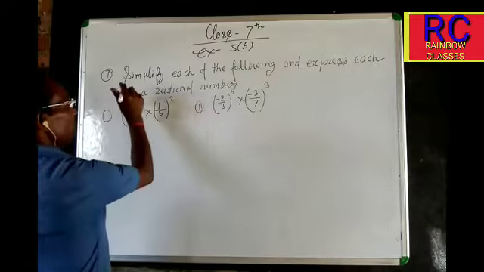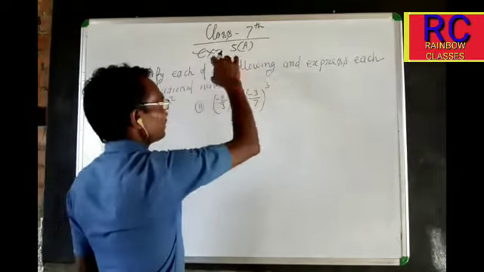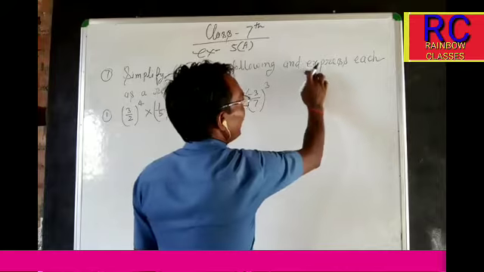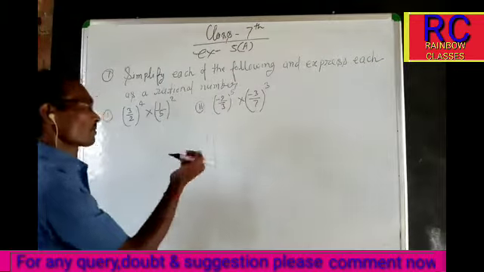Number 7. Simplify each of the following and express each as a rational number.